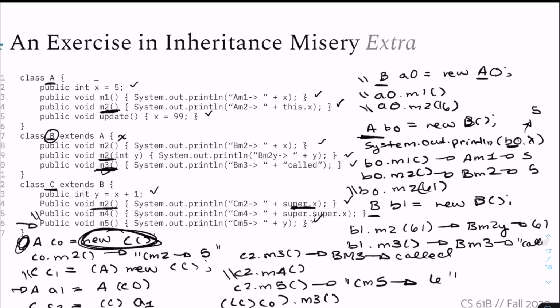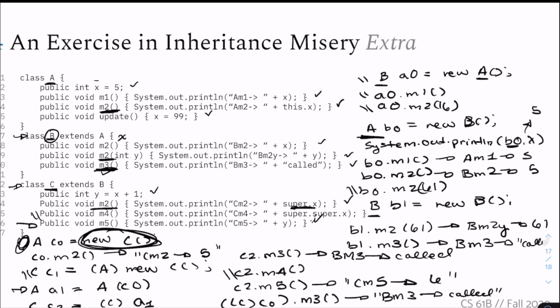There isn't one in class C, but there is one in class B, which it extends, so that's fine. It passes the compile check. We go and we return at runtime, and we evaluate the function that we decided on earlier. So we get BM3 called.